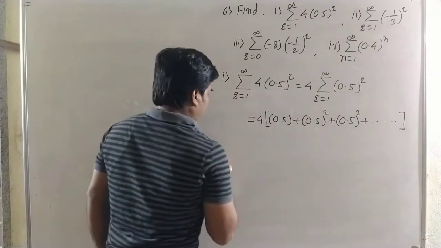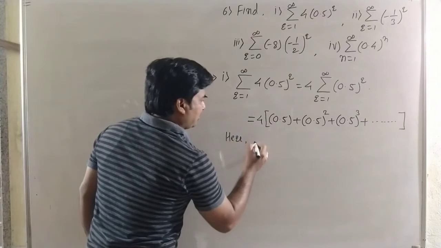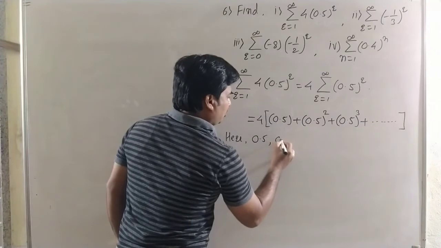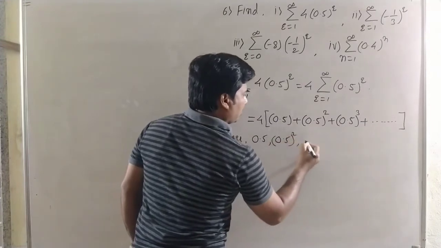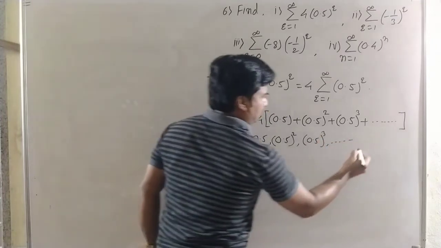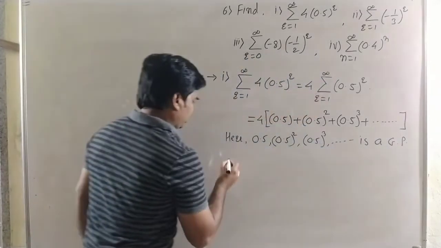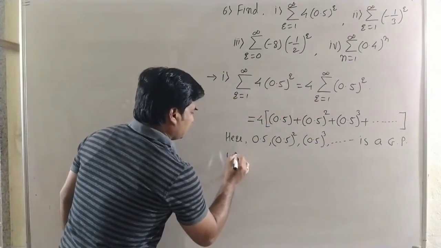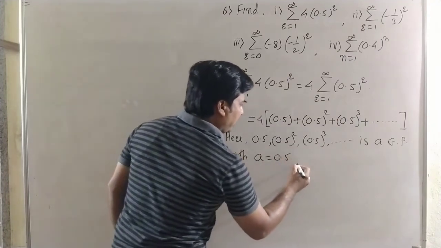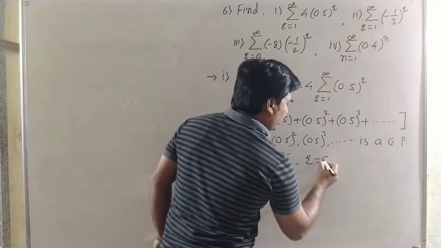See carefully. Now here the sequence 0.5, comma, 0.5 square, 0.5 cube up to infinite is a geometric progression with first term a equal to 0.5 and r equal to 0.5 square upon 0.5, that means 0.5.